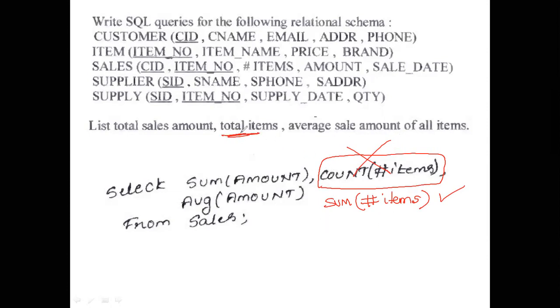Or if we want the number of items, if the number of items is asked, then we can use count of item ID or item number. So you can write a count on item number itself. That will take only the unique item numbers and give us the number of items. Since total is asked over here, we have to use sum.